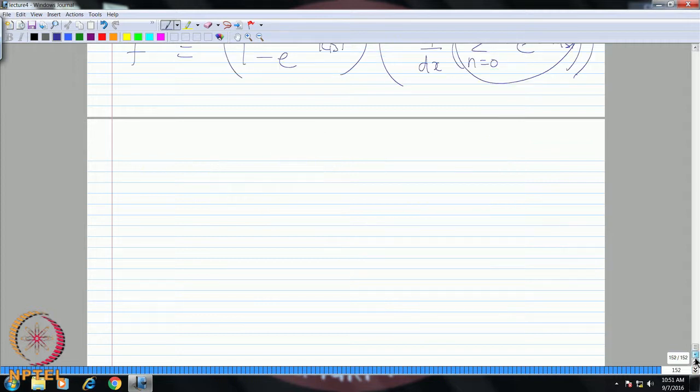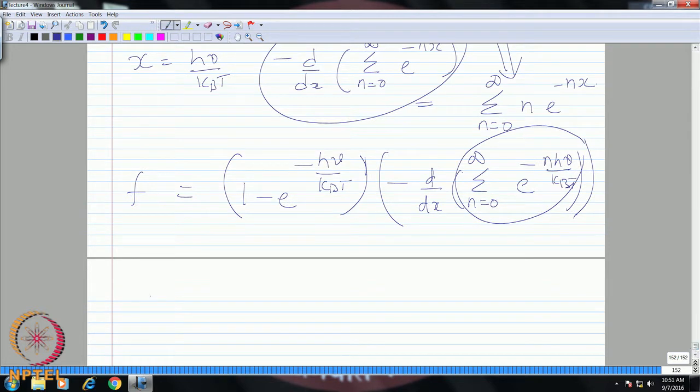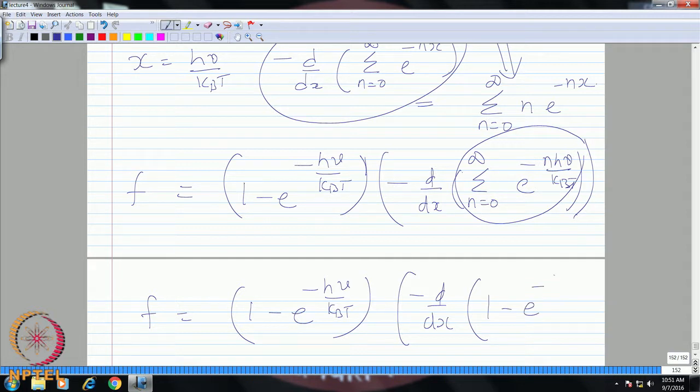We can apply the Maclaurin series and reduce it to 1 minus e power minus h nu by k b t times minus d by dx of 1 minus e power minus h nu by k b t, the whole inverse. Is that okay?